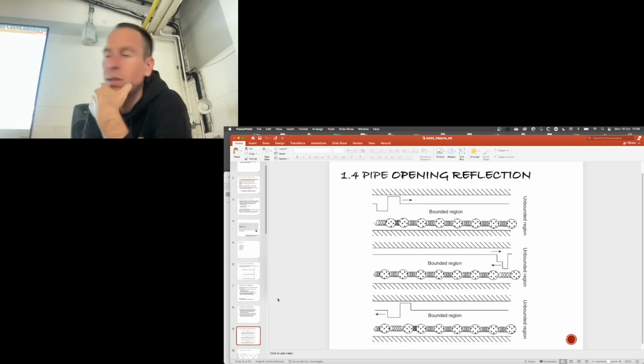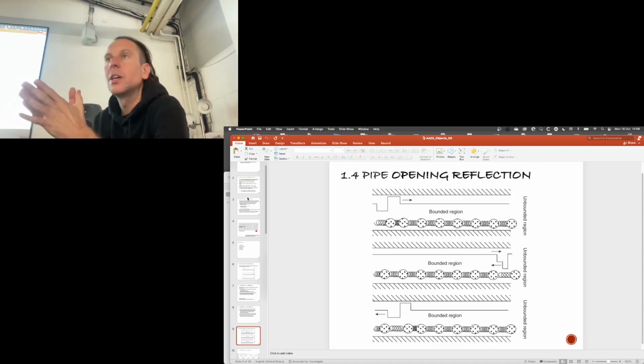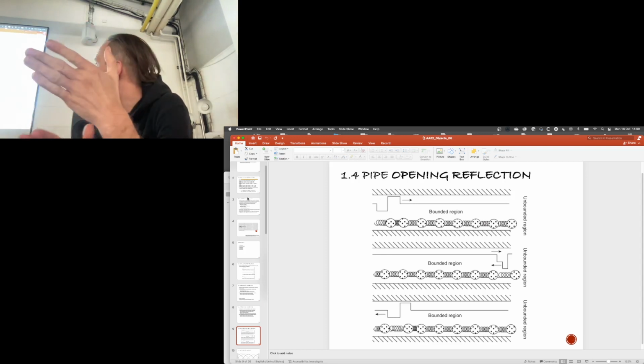Here are the two types of reflection. If I have a solid wall, then the compression, you can imagine this intuitively, reflects back immediately.